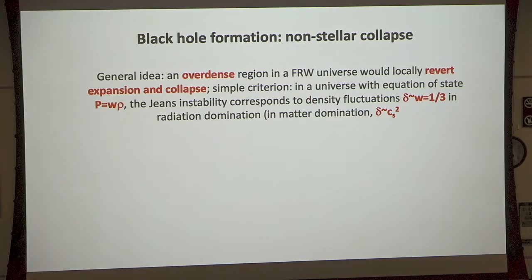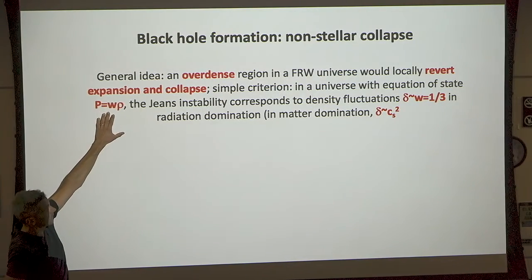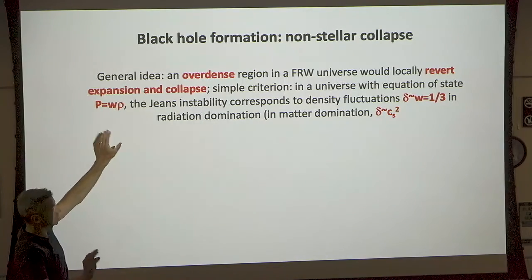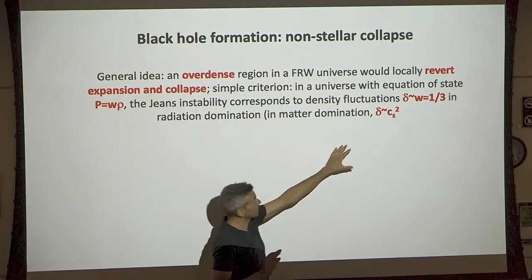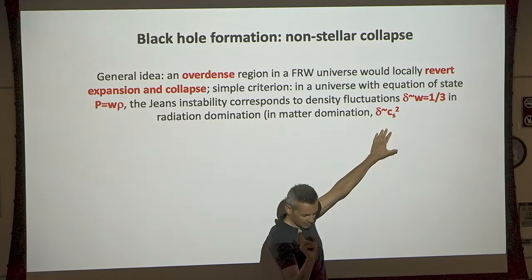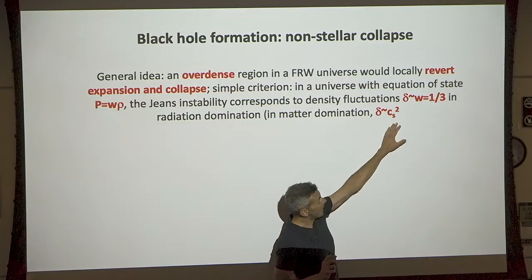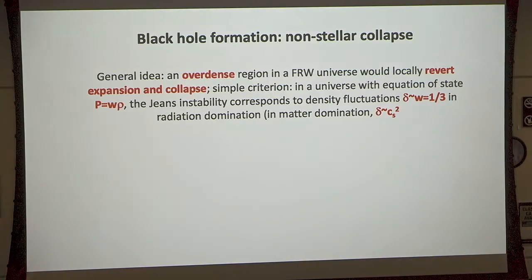So the idea is that if you have a cosmological fluid with a given equation of state, then it works out that the Jeans mass that leads to a density perturbation of the size of the horizon to collapse into a black hole is of the same order as the speed of sound squared, and roughly that works out to be comparable to the equation of state w, which in the case of radiation, so if this density perturbation exists in a radiation domination phase of the universe, is about a third.